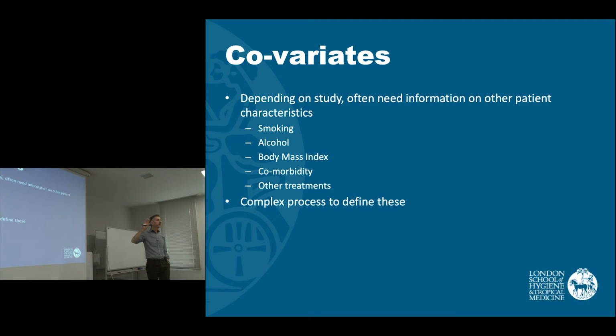As well as doing this for our exposure and outcome, we also have to do it for other patient characteristics. So other comorbidities, other treatments that they take, but then things like the smoking and alcohol information. Now, smoking is something that the GP, the primary care physician, will ask a patient about when they register. And the patient may or may not lie.